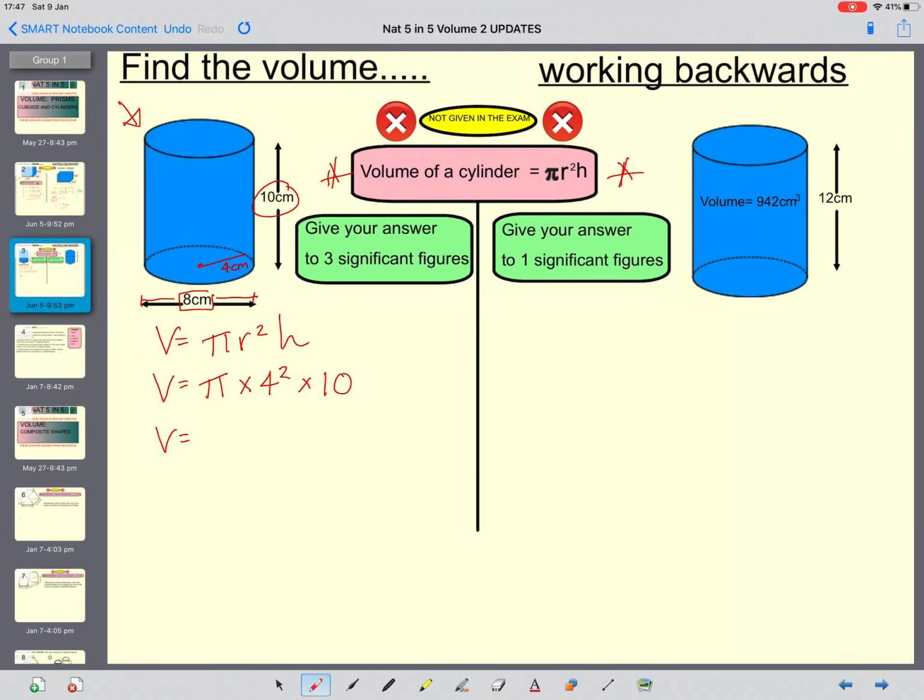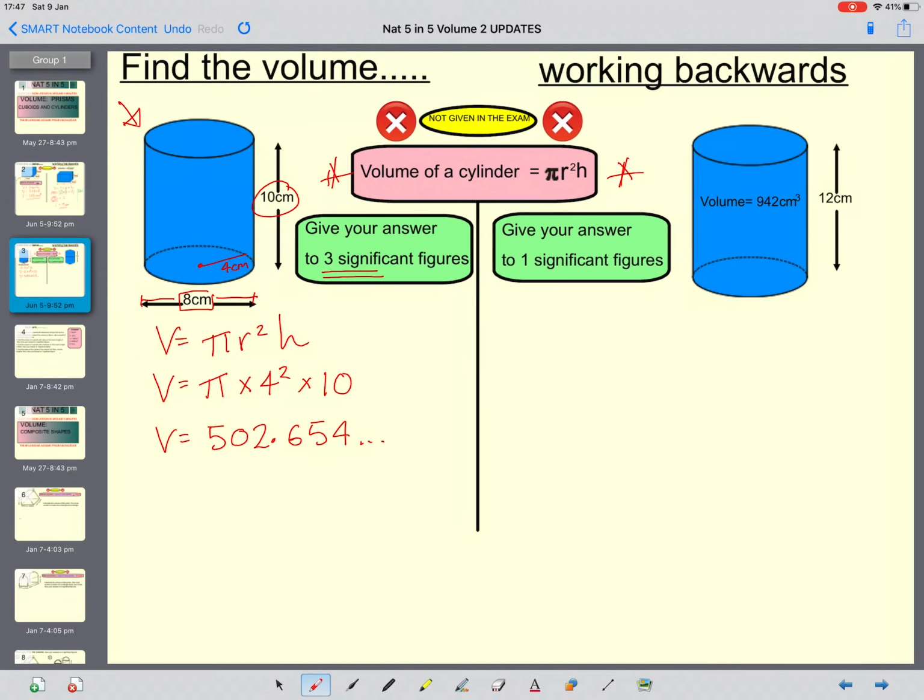Okay, type all that into your calculator, and you get an answer of 502.654. I would always write that to make sure that you get your answer mark, then go back to the question and ask if they want a certain accuracy. In this one, they want 3 significant figures.